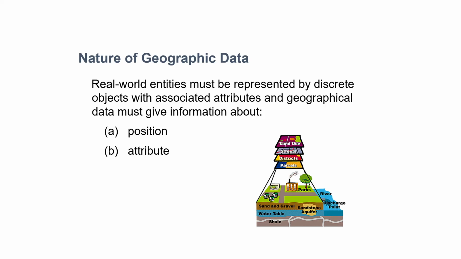All GIS or spatial data have two parts. First of all, position, and the second one, attribute. Another third, necessary and very important part of every information is metadata.